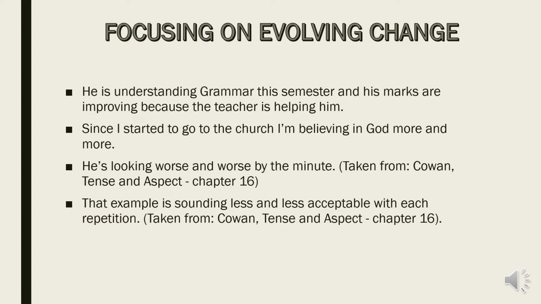For example, in example number 3, we know that the beginning of the process may be "he looks bad," but as the time goes by and he's not improving his aspect, we can say "he's looking worse and worse by the minute." Apart from the suffix ing, this process can be shown with the degree expressions worse and worse, less and less, and so on.